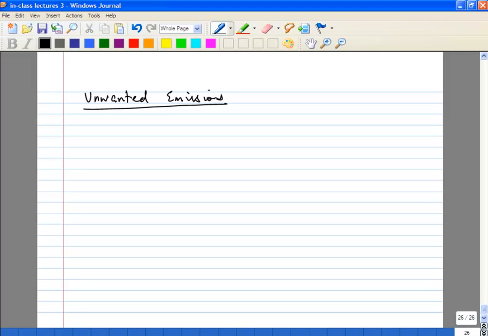Okay, and obviously anything you transmit outside the band of interest is going to cause problems for somebody else. So both the standard as well as the regulatory authority have strict rules on what you can and what you cannot transmit. Typically this is given as an emission mask.